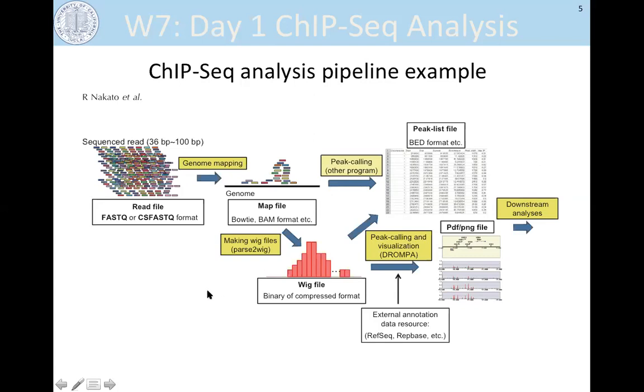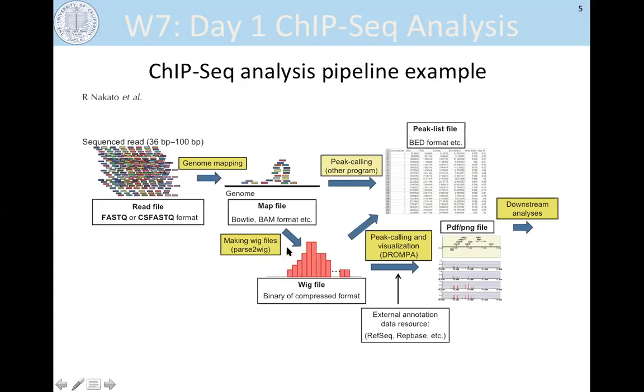And you also want to visualize the ChIP signal in a pile-up file where it shows the pile-up of reads, so you can visualize what the peaks look like in different regions of the genome.